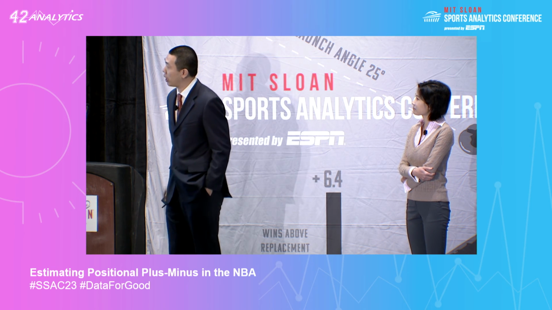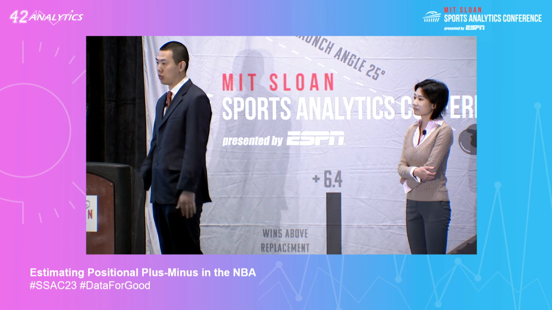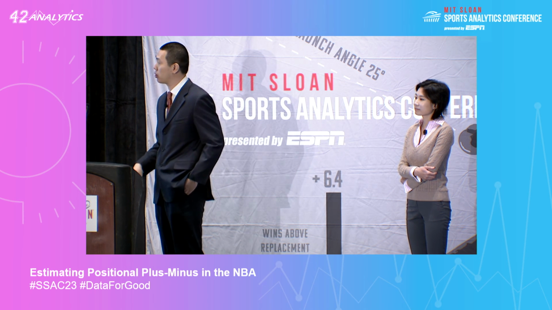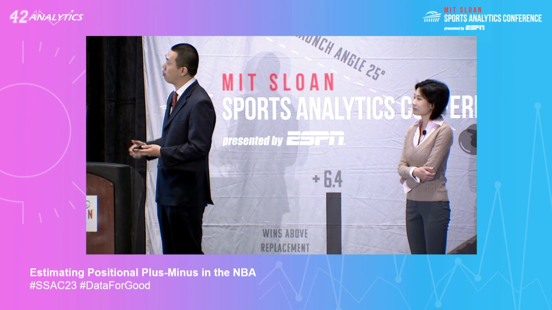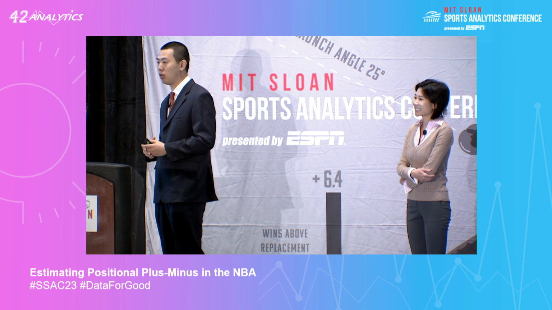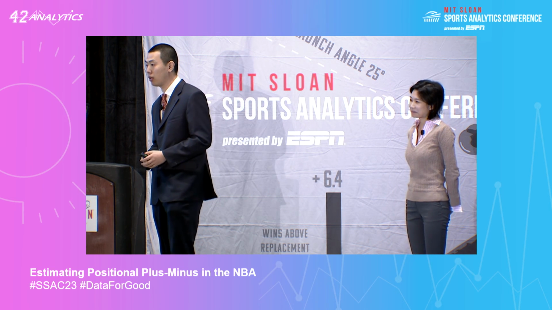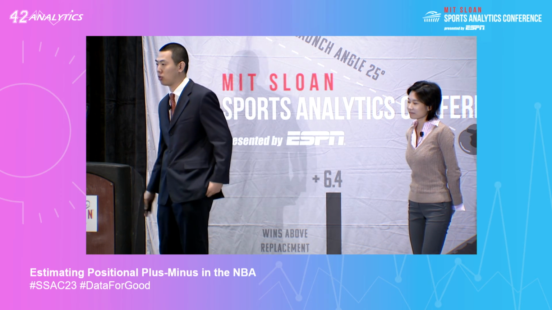Sure. In our full paper, we're actually looking at the variance of those estimated positional offensive plus minus and defensive plus minus. There's a lot of information we can learn from the variance of positional values, but we don't have enough time to cover it today. So the tails might have some interesting observations. There are many, many interesting findings from those variance estimations.